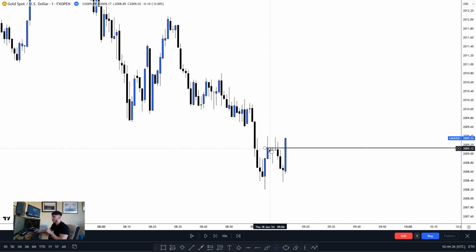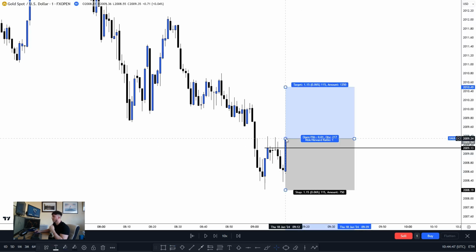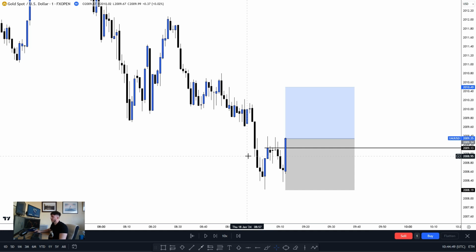So once price closes above your area of interest, that is when you are going to look to get into the market. So as you can see here, price broke. So at the end of the minute, you could enter the trade. Now, there are a couple of options regarding your actual entry, your stop loss and your TP.